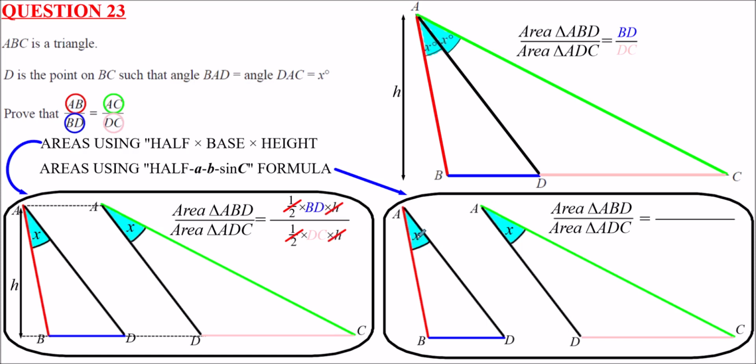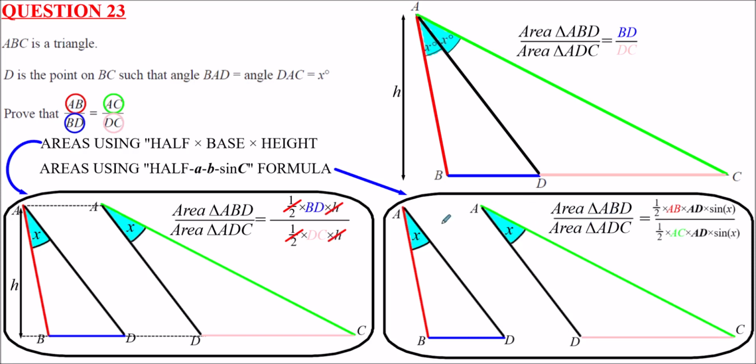So for ABD, it's half times AB times AD times sine x. And for ADC, half AB sine C is half times AD times AC times sine x. In fact, I'm going to give it as half times AC times AD times sine x in that order instead.